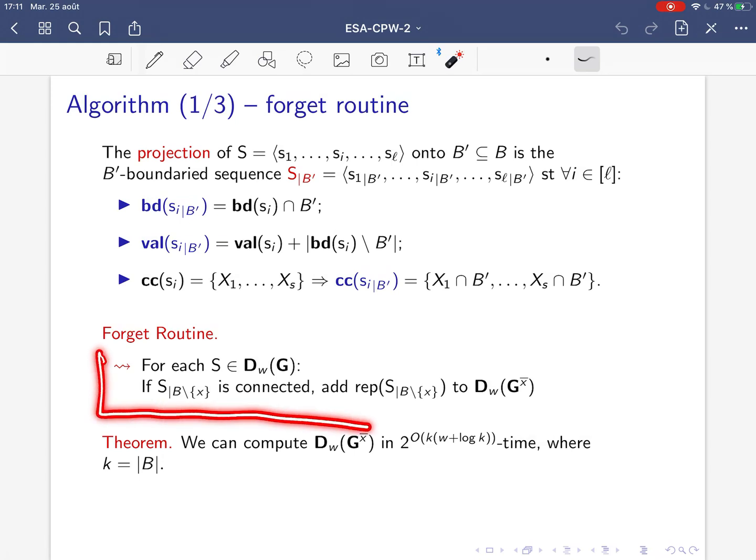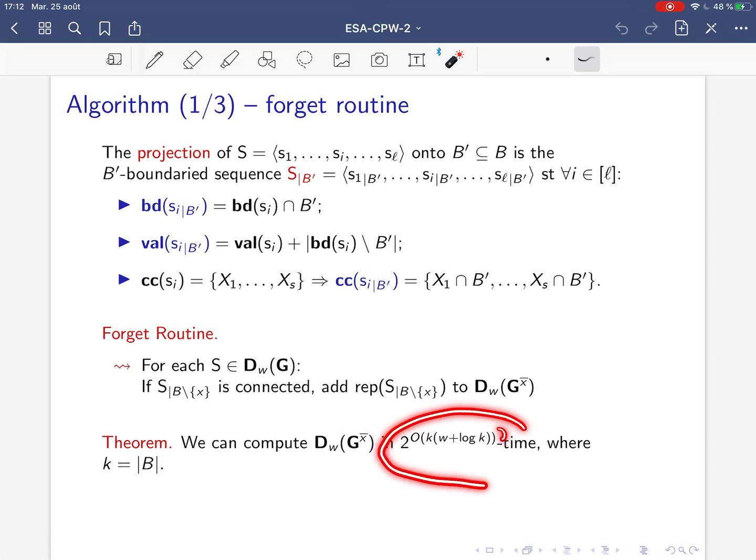The forget routine is simply: you take every B-boundaried sequence of the domination set, which is a representative of some B-boundaried sequence, and you apply the projection of this sequence S onto B minus X, and you check if this projection provides you a connected B-boundaried sequence. If this is the case, then you add it to the domination set of G where you have forgotten X. And this algorithm runs in FPT time, 2 to the O of k times (W plus log k).